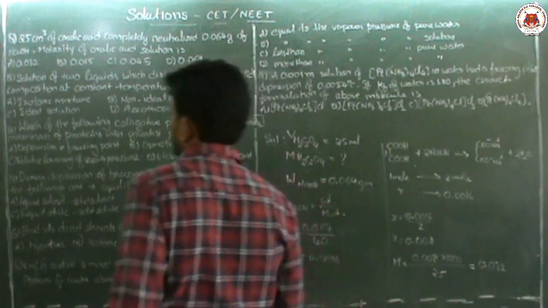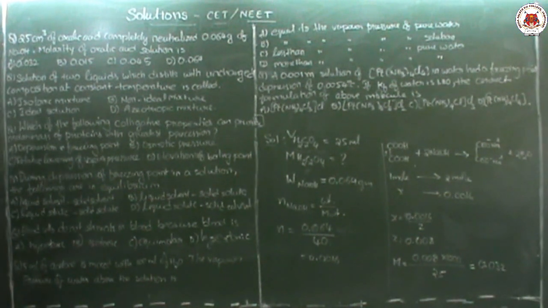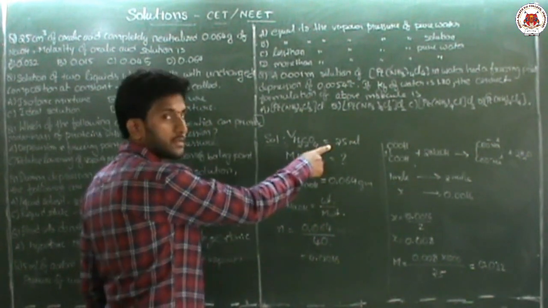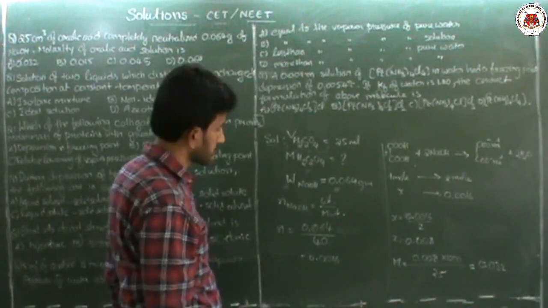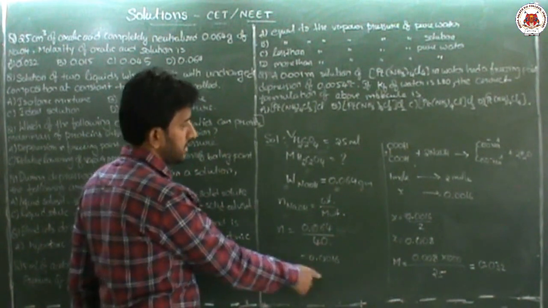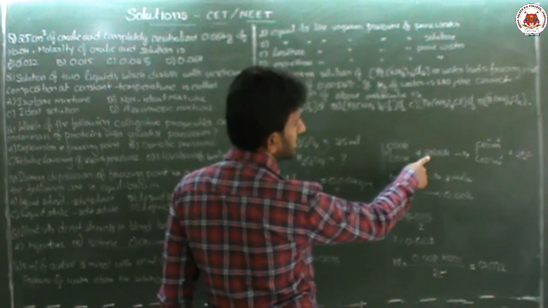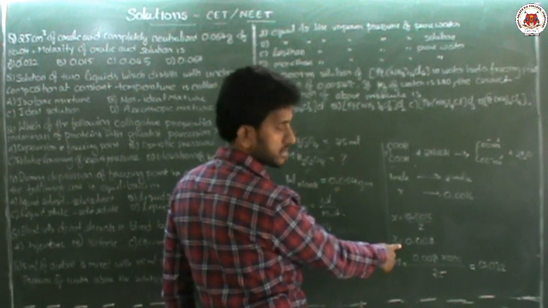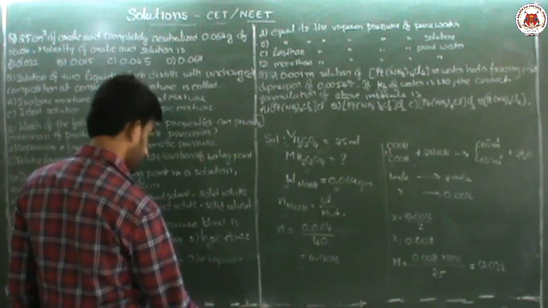So the answer is option A, 0.032. First we took the volume of oxalic acid, then we want molarity, and the weight of NaOH is given. The number of moles is calculated from the weight. Then you know that according to neutralization, 1 mole of acid reacts with 2 moles of base. So according to that we calculated moles, then substituted in the molarity formula. Clear? So the option is 1.